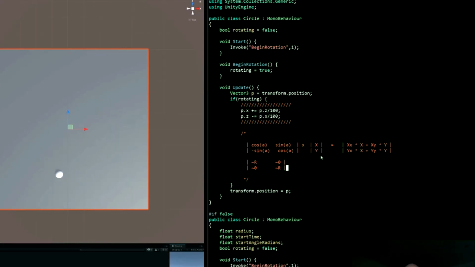I'm just having a look at this. So this becomes 0x, sine y, cosine. So the cosine times the x and the sine times the y.